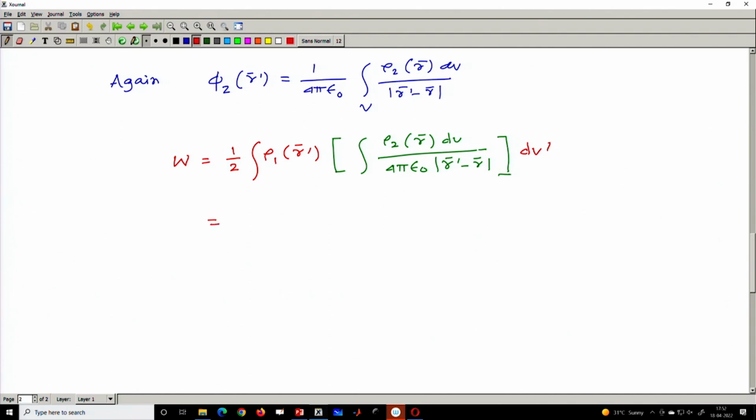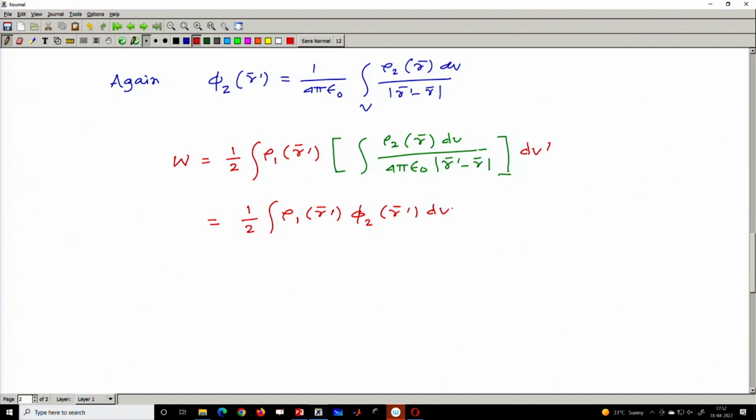So, this quantity simply comes out to be half of rho 1 r prime and then phi 2 r prime dv.